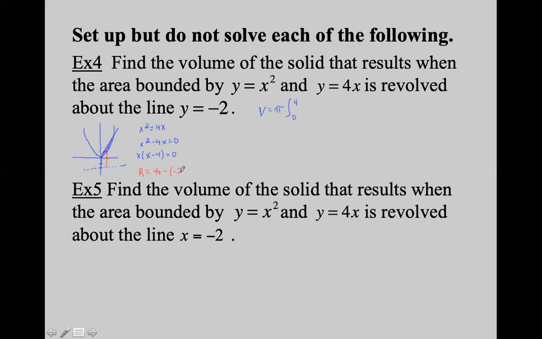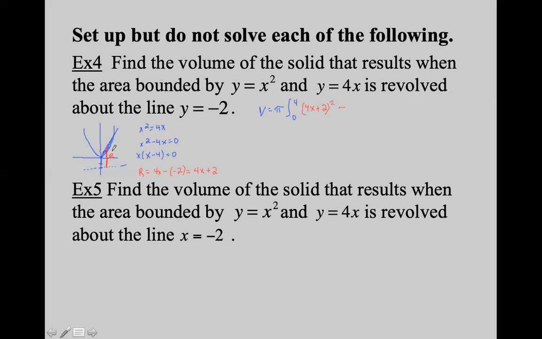How did I get down there, right? That's my big R here. Another way to think about it is, from here to here is 4x. How much more are you going to get down to that horizontal line? You're going another 2. So you can also think of this as being 4x plus 2 more units. That's my big R, the furthest curve away from that axis of revolution. So I have 4x plus 2, squared.